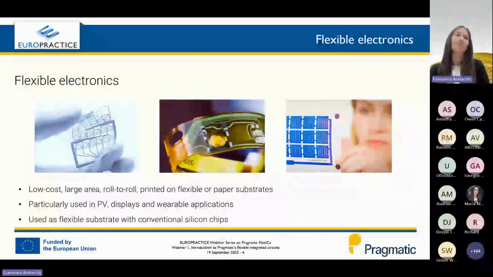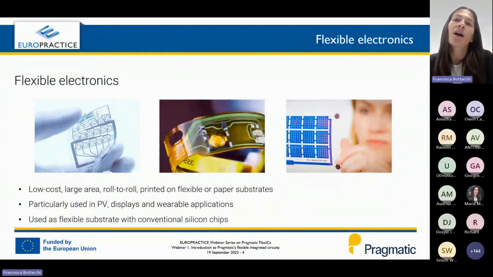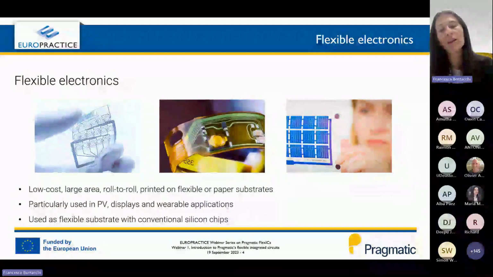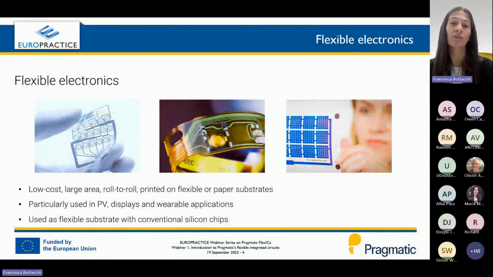So, flexible electronics. When you think of flexible electronics, the first thing that usually comes to mind is that it's low cost, large area, and normally compatible with roll-to-roll manufacturing, and very often it is also printed.